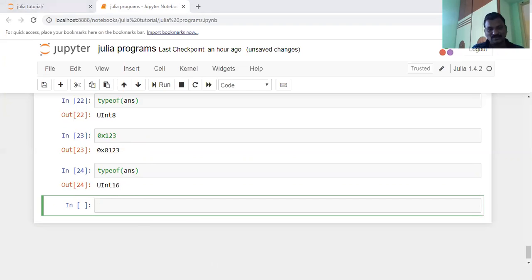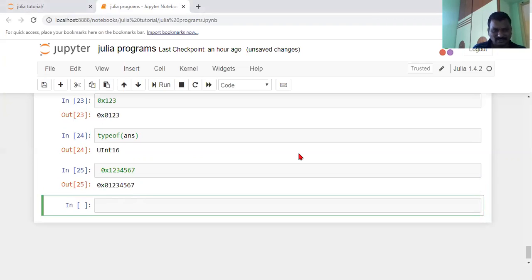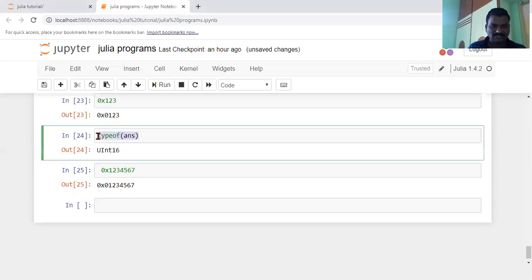Here, for example, if you take a longer number than that, for example 0x1234567, like that I am taking some values here. What is the value here in this case? What is the answer type for this one?